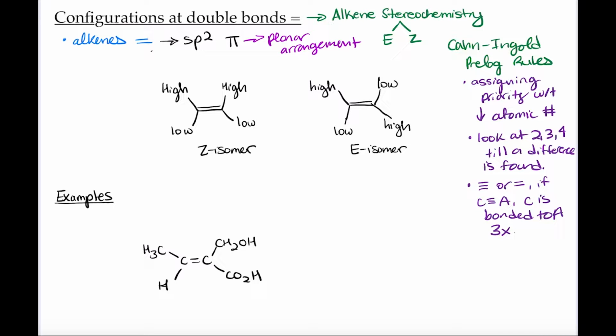So it'll be something like this. That's what it means. Pretty much what I'm saying is that multiple bonded atoms are equivalent to the same number of single bonded atoms. So I can even write that down.